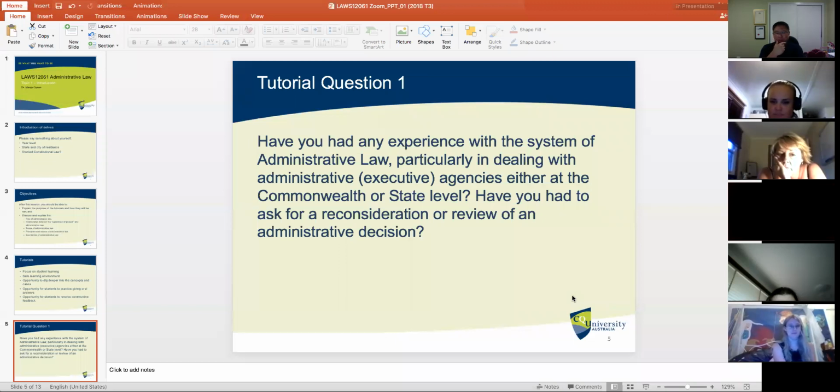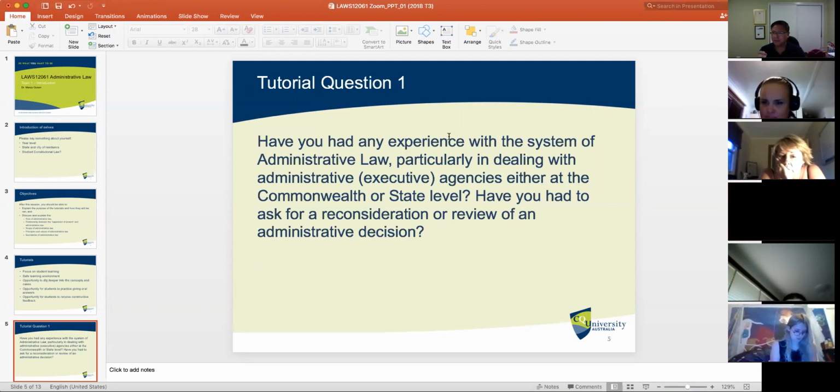I'd like to point out something, and that is that at the state level there is kind of a phenomenon that we don't see at the federal level, and it is that at the state level, you can see a combination in a single tribunal or a court exercising both judicial and non-judicial or administrative functions.